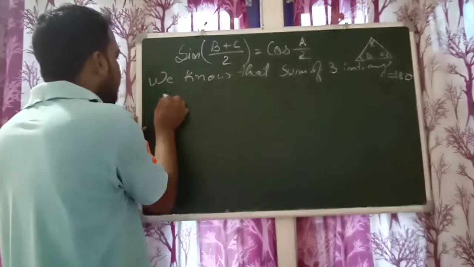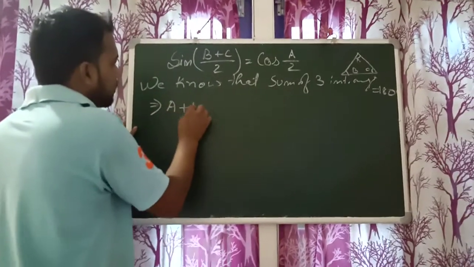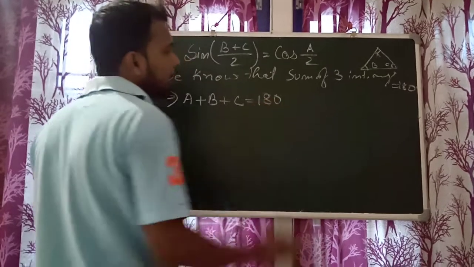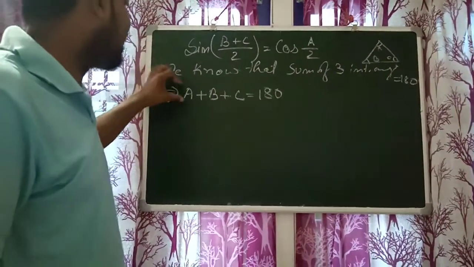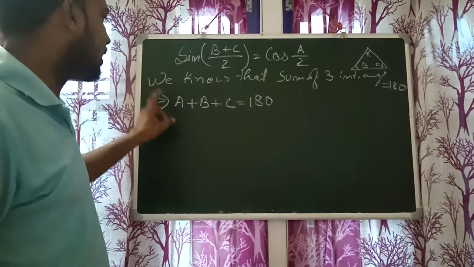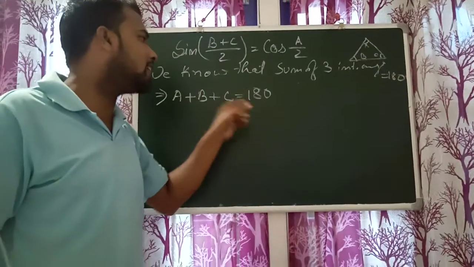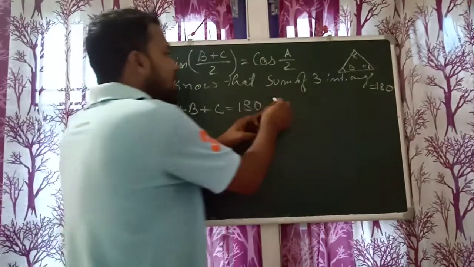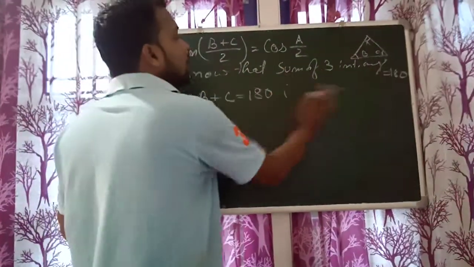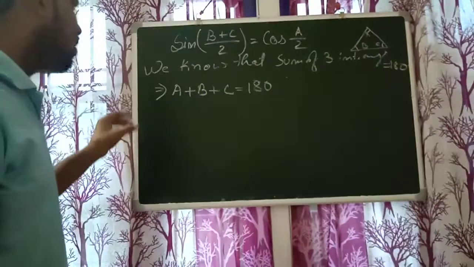It implies a plus b plus c is equal to how much, 180 degrees. Or you can directly write a plus b plus c is equal to 180 degrees, then here you have to put the angle sum property. If you write this line, fine, even if you do not write it, it will be okay.